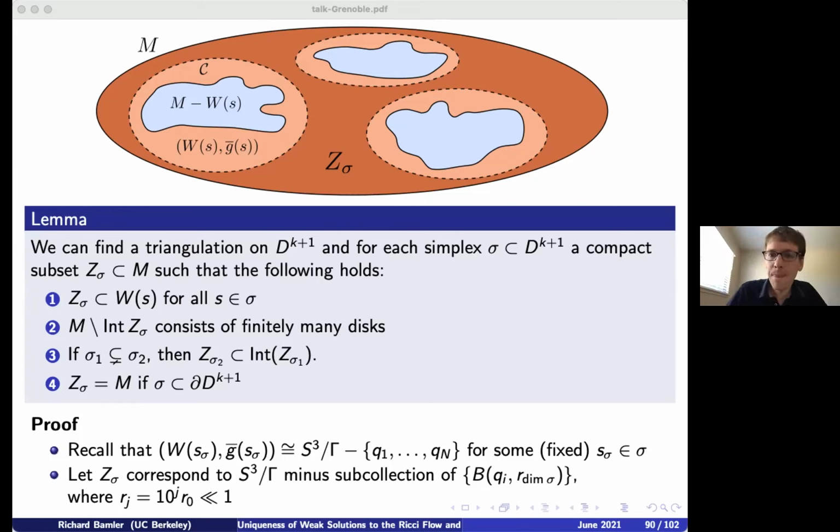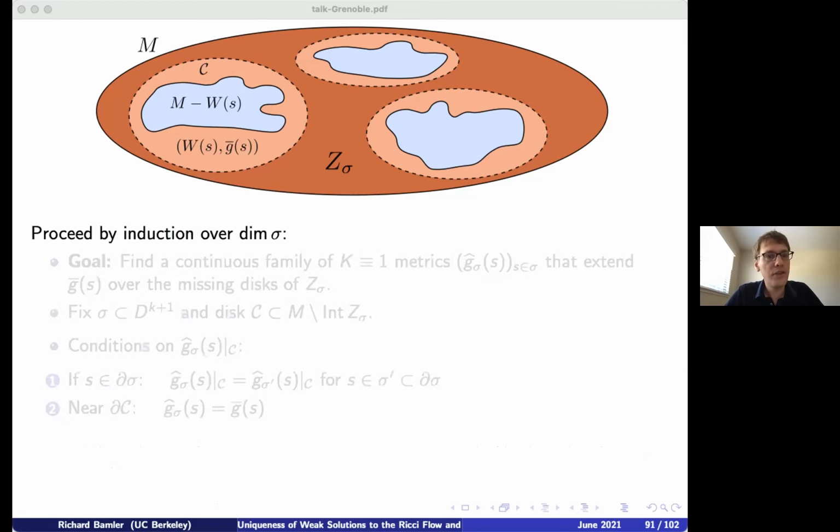Okay. So now that we have this additional data, these Z sigmas, we can now do the extension process. The extension process is that we're basically working on the skeleton of the triangulation of the k+1 disk. So we are proceeding by induction over the dimension of the simplex.